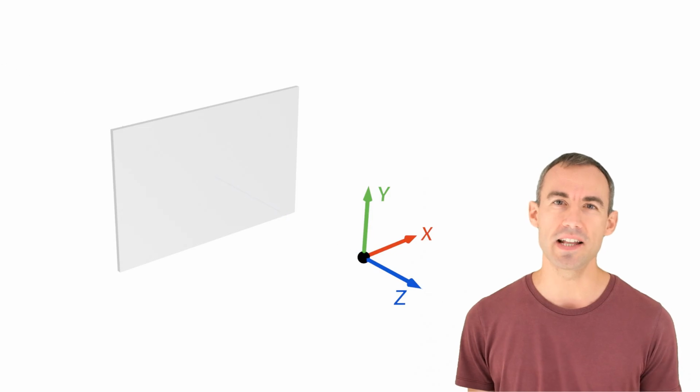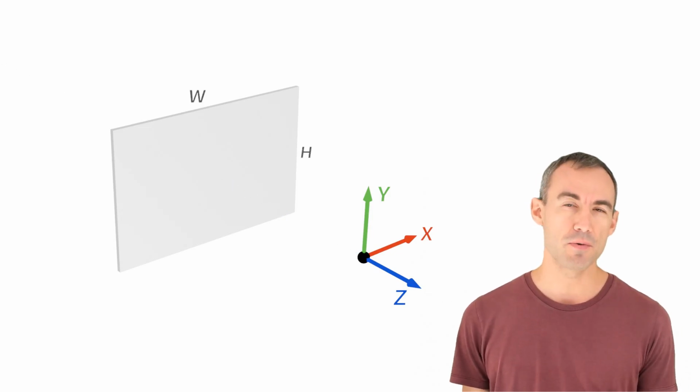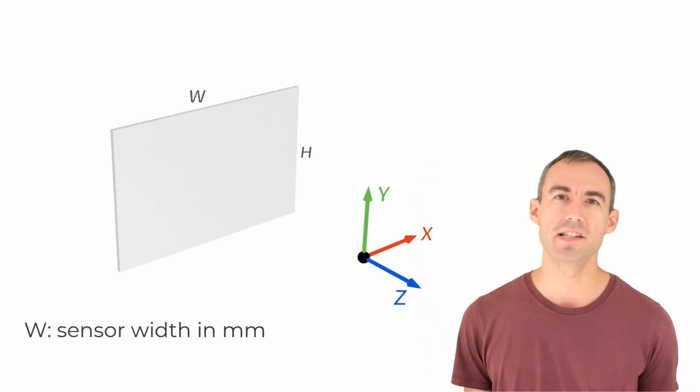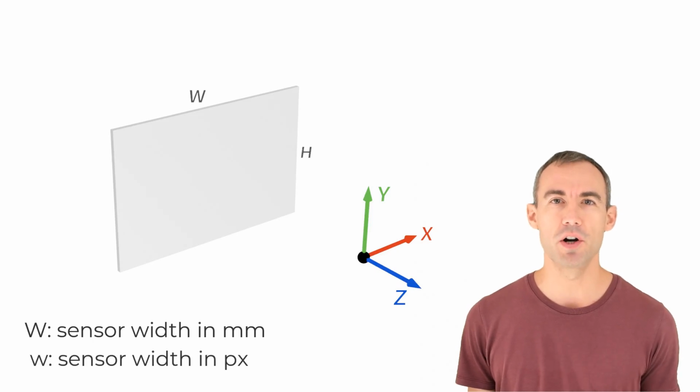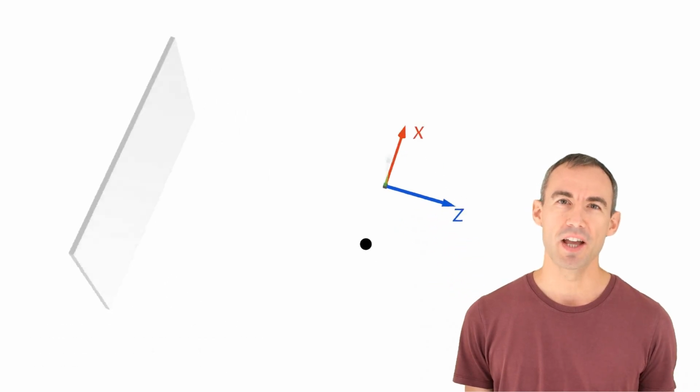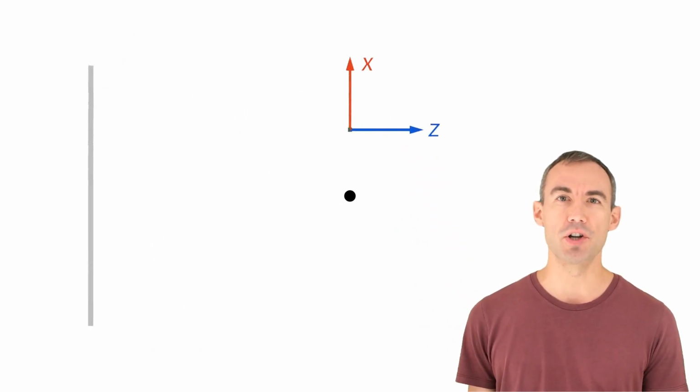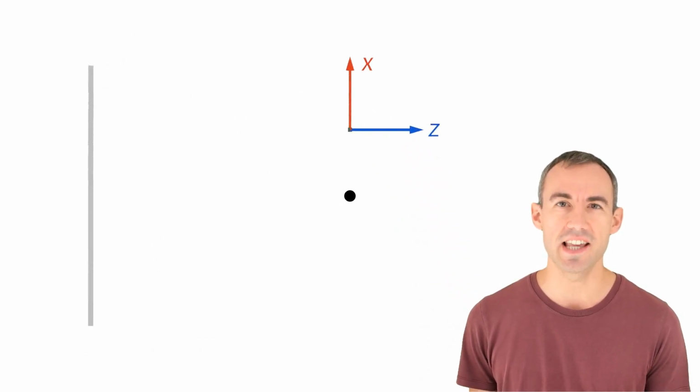Let's assume the sensor has width w and height h. Throughout this video, capital letters refer to variables whose units are millimeters, whereas small letters will generally refer to variables whose units are pixels. Okay, we'll now look at the setup from the top, so we can see the x and z axes.